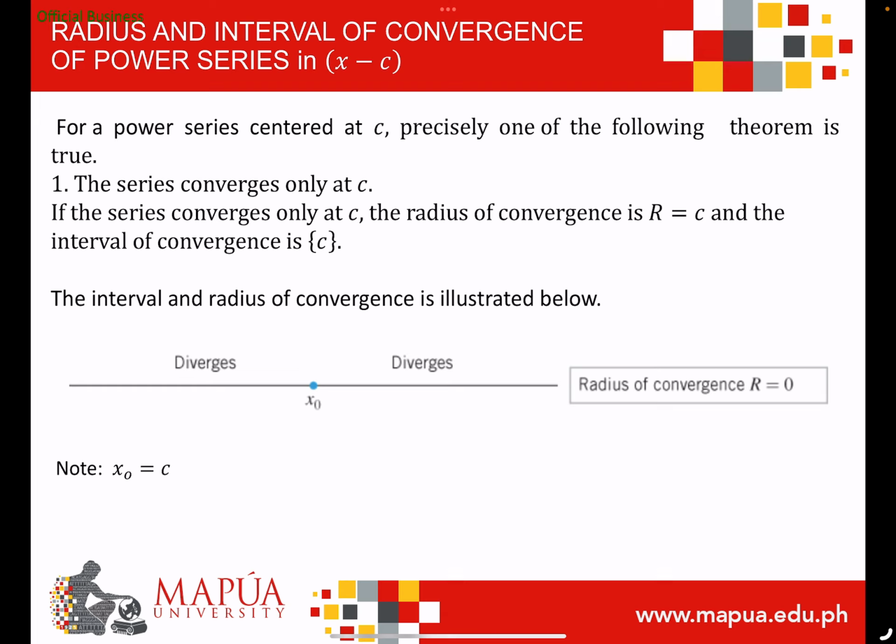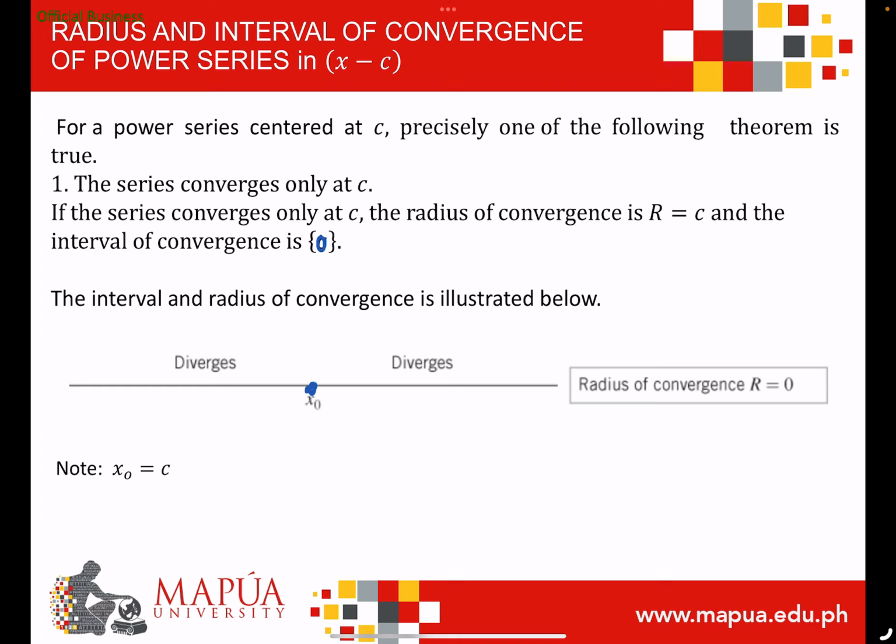For a power series centered at C, precisely one of the following is true by the theorem. The series converges only at C, only at the center. If the series converges only at C, the radius of convergence is R equal to 0, and the interval of convergence is just C. The interval and the radius of convergence are illustrated here.